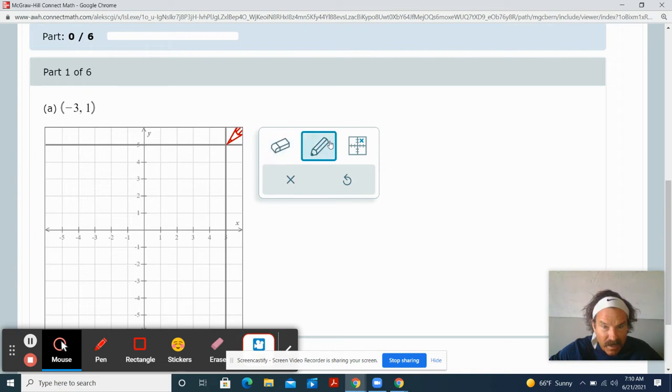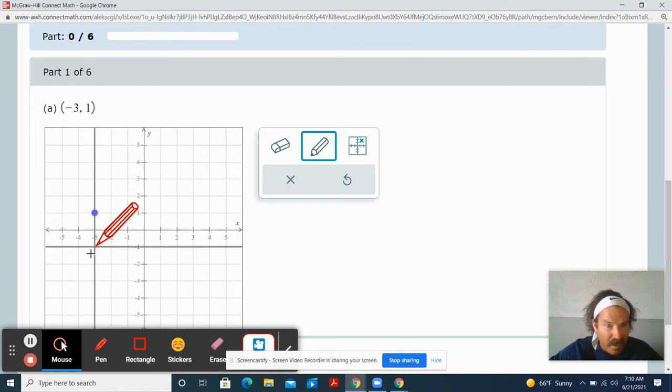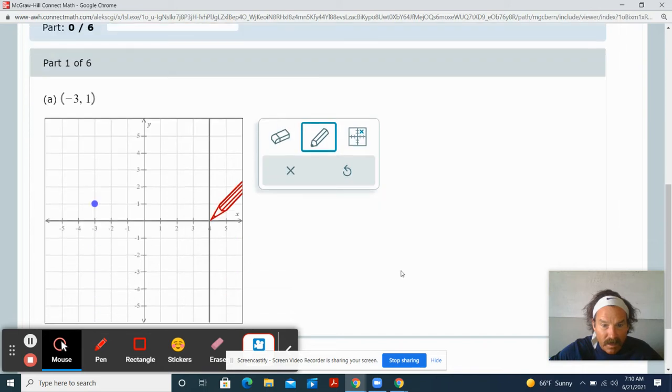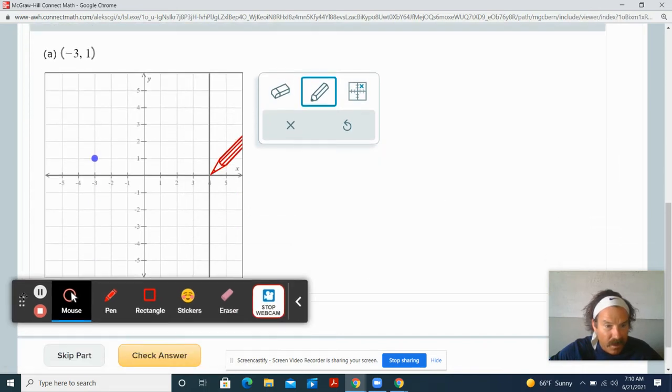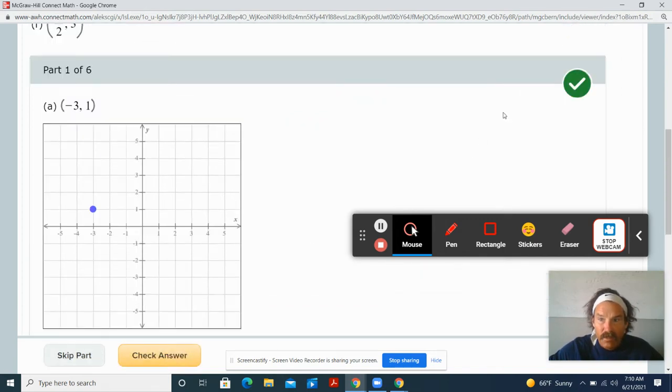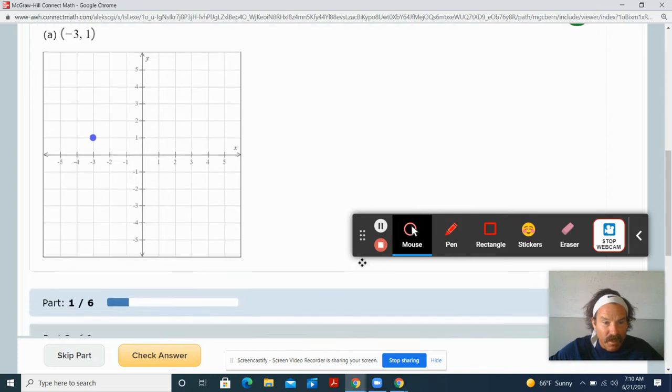But if we click this pencil icon, a big red pencil comes up, and we just go to -3, 1, and click that, and then there's the point. And then we can come down here and click check answer, and it'll give you the all important green check mark before you go on to the next part.